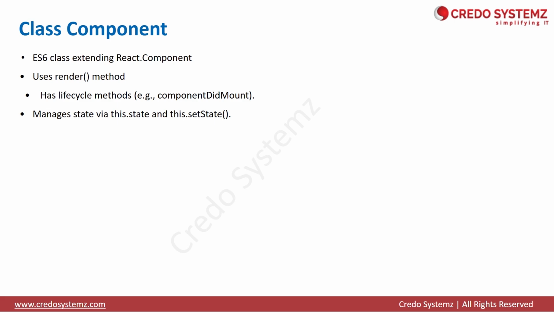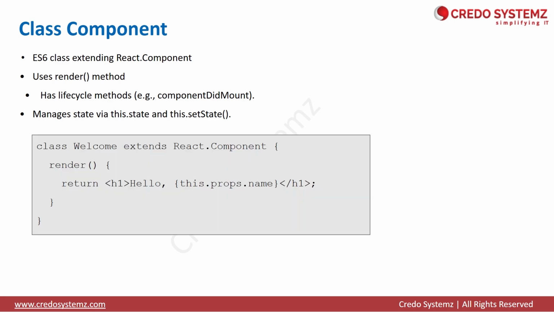Next, this is a sample class component code. If you see, there is a class keyword and a class name. This Welcome class gets inherited from React.Component, and this React.Component class is actually coming from the React library. If I remove this, then this is just an ES6 class with a function.